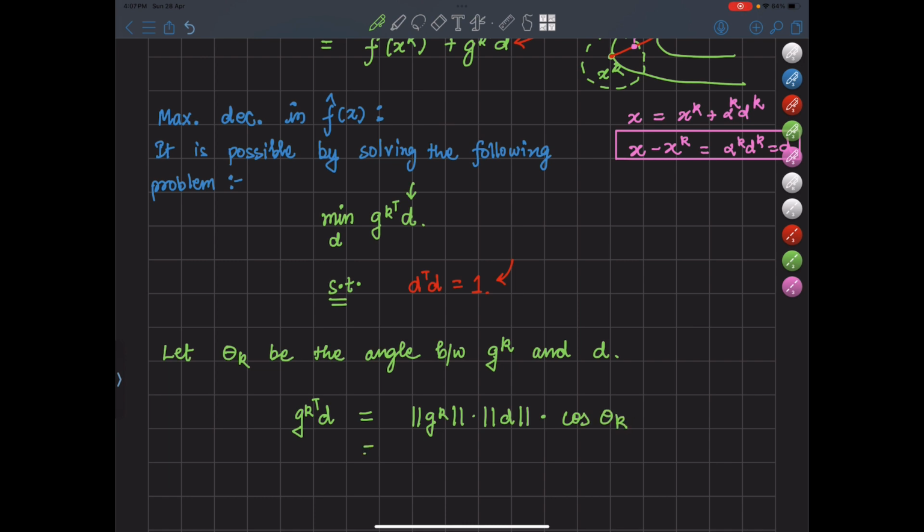Now because d has unit magnitude, norm of gk times cos theta k is the value. We want to find the least value of this function now.